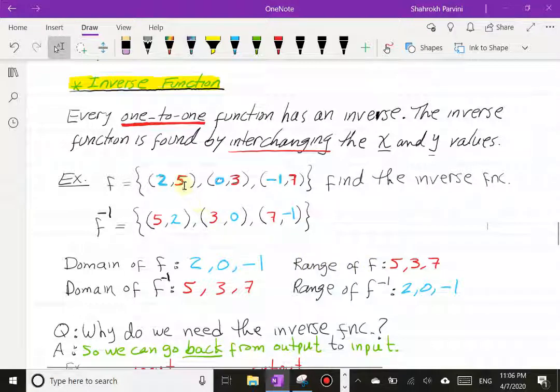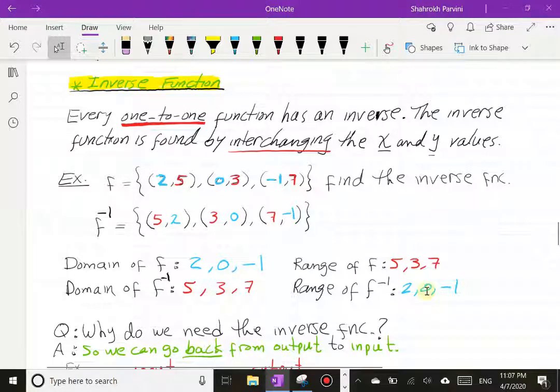The range is the set of second numbers, the red numbers, 5, 3, 7. Now, the domain of the inverse function, the set of first numbers, is 5, 3, 7, and the range of f inverse is 2, 0, -1.